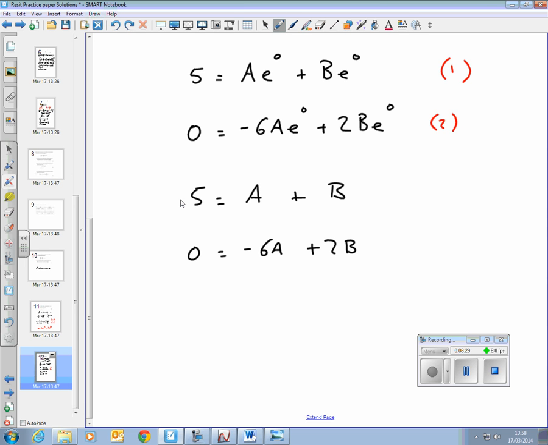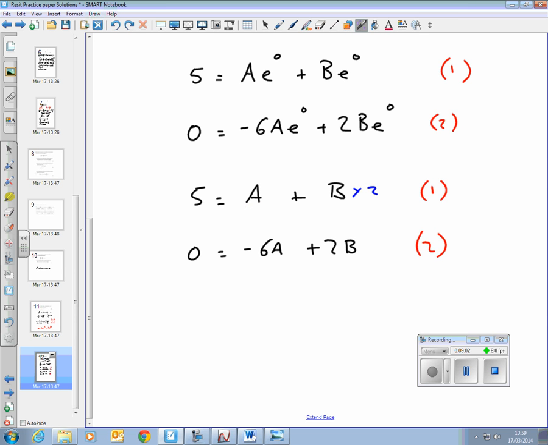So we've got two equations and two unknowns, simultaneous equations, so we can find them. We can either make a substitution, which means that we just maybe take the B over here in the top equation, so A equals 5 minus B, and substitute that in here instead of A, or we can make A's or B's the same in these equations by multiplying maybe by 2 so that the B's are the same and eliminating.